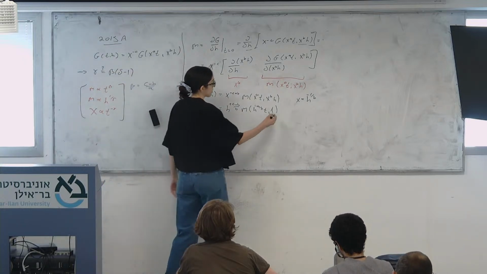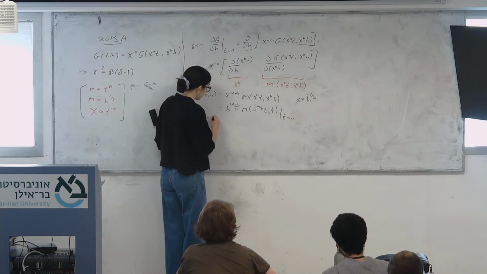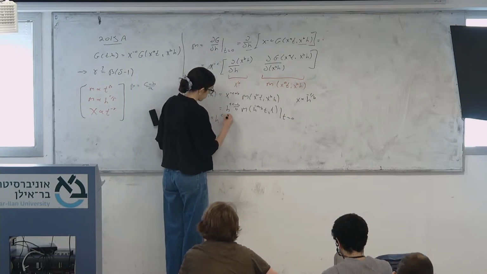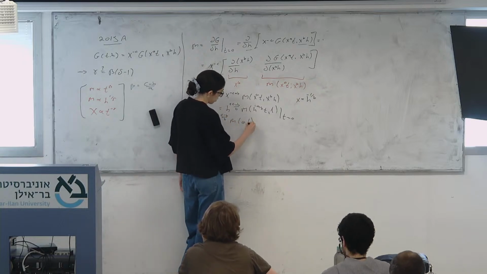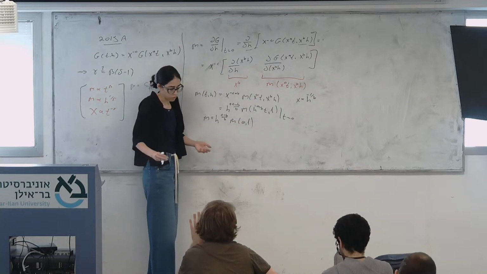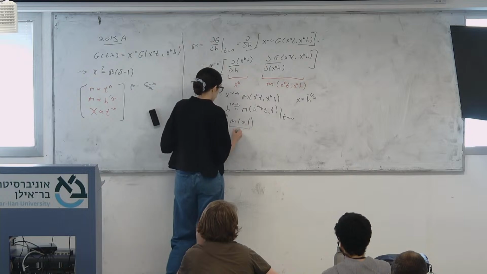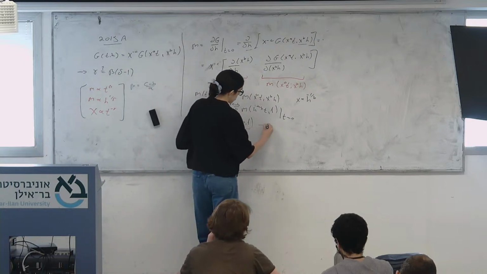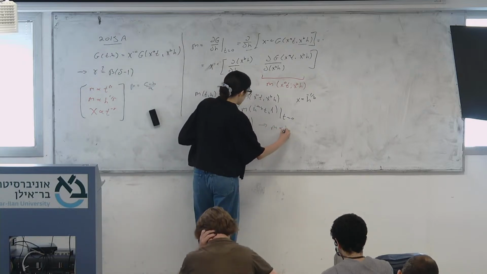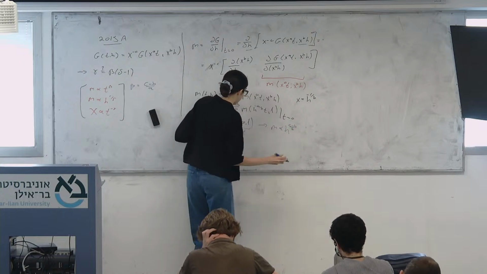Now we take t equals 0, which brings us to m equal h to the power c minus b over b times m of 0, 1, which is also a constant. Which brings us to m proportional to h to the power c minus b over b.